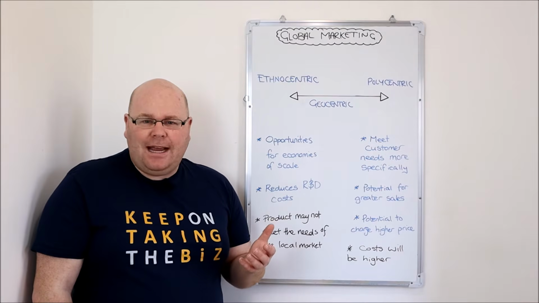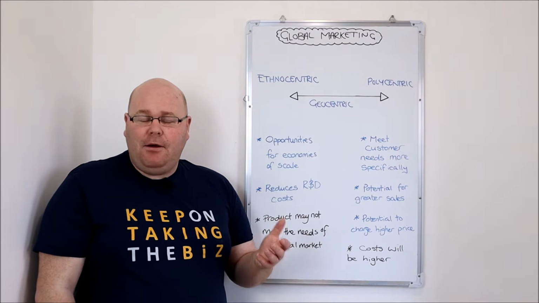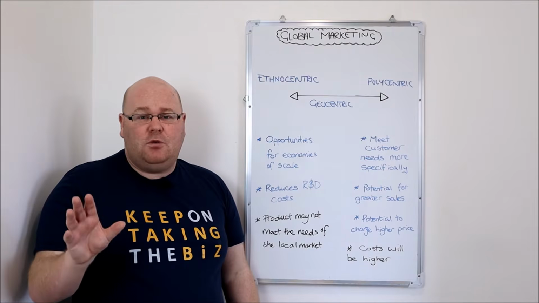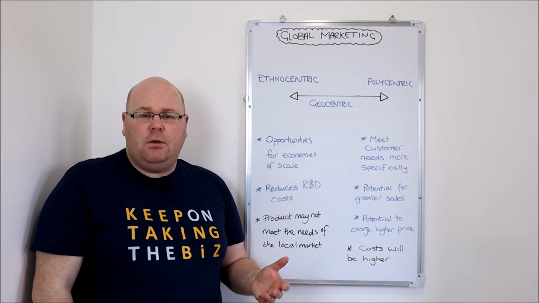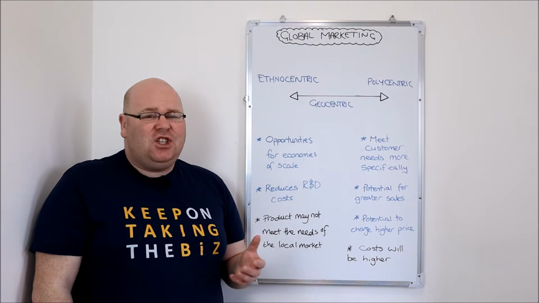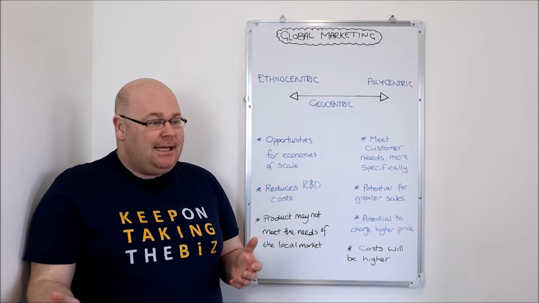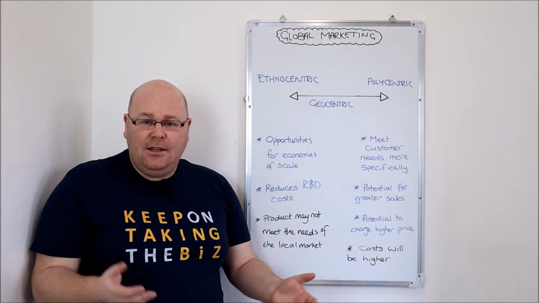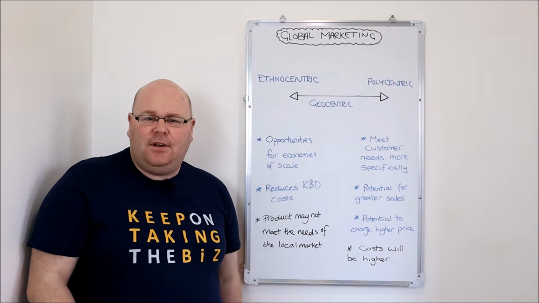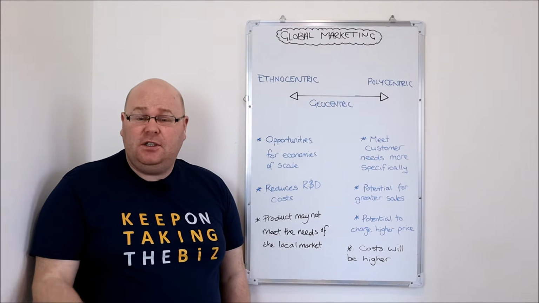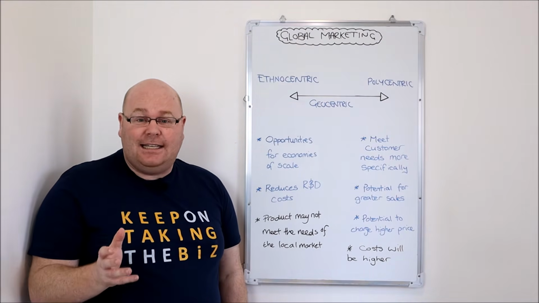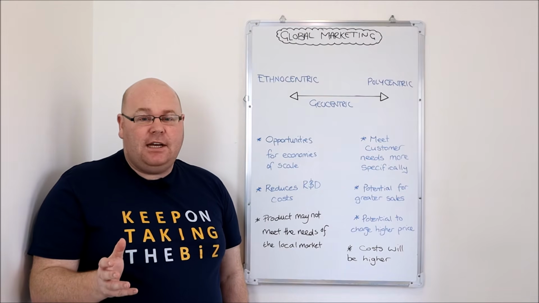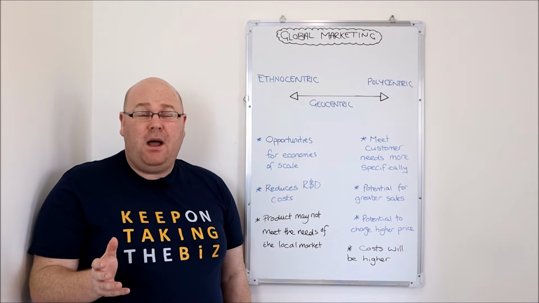The Microsoft Xbox that you might buy in America might be the same as the one you'd buy in the UK and the same as the one that you might buy in Japan. Aside from maybe adapting how you plug that product in to account for different power supplies in different nations, that product is standardized. That product is not differentiated for the needs of the local market.